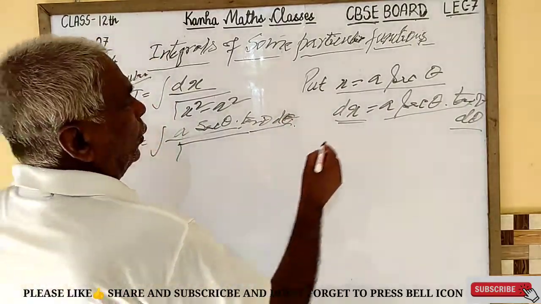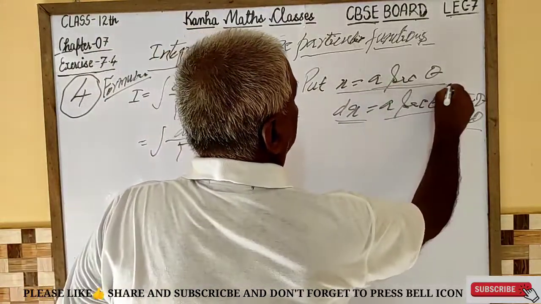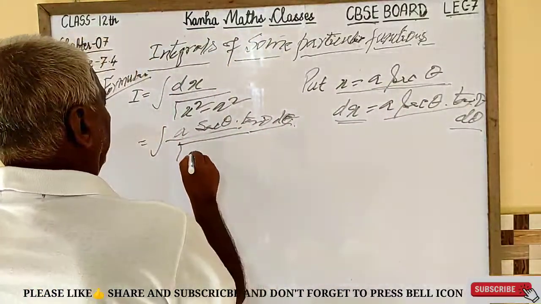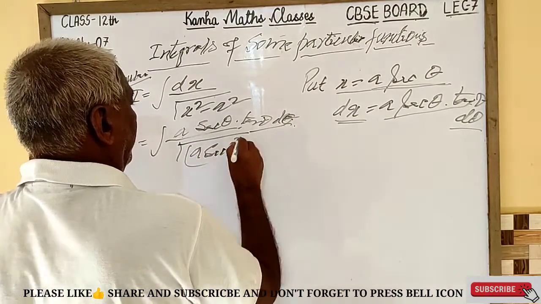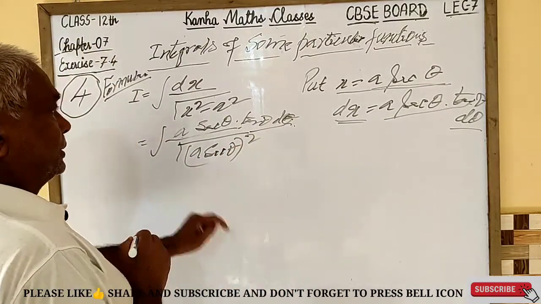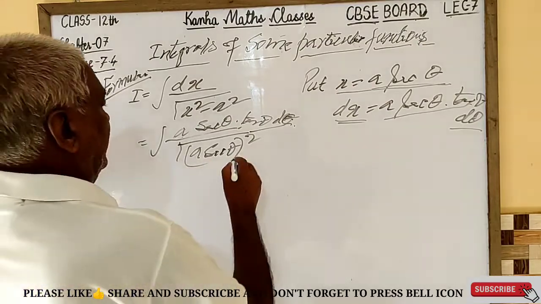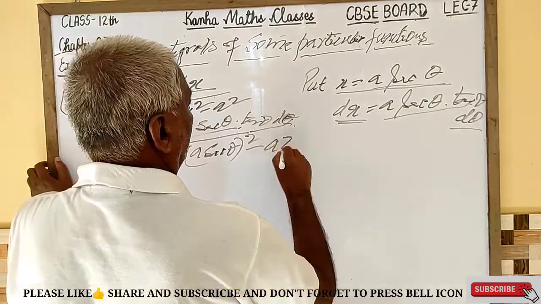And now, since x is equal to a sec theta, instead of x square we will write a sec theta whole square, minus a square.